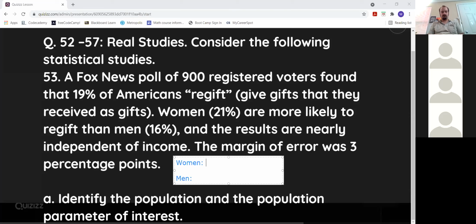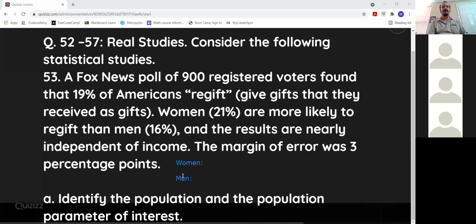Wait, are we supposed to answer the population question? I thought we were answering the population question. Oh, sorry. Yeah, identify. Sorry, yeah, that's what it says. Identify the population and the population parameter of interest. So what is my population? Who are they polling? What are they trying to get?